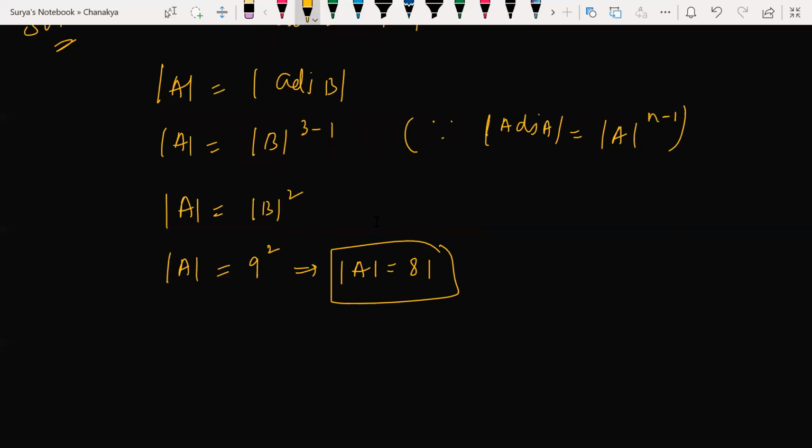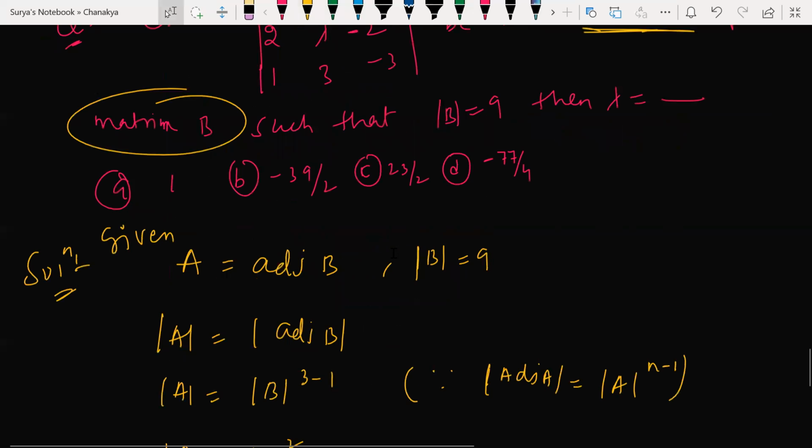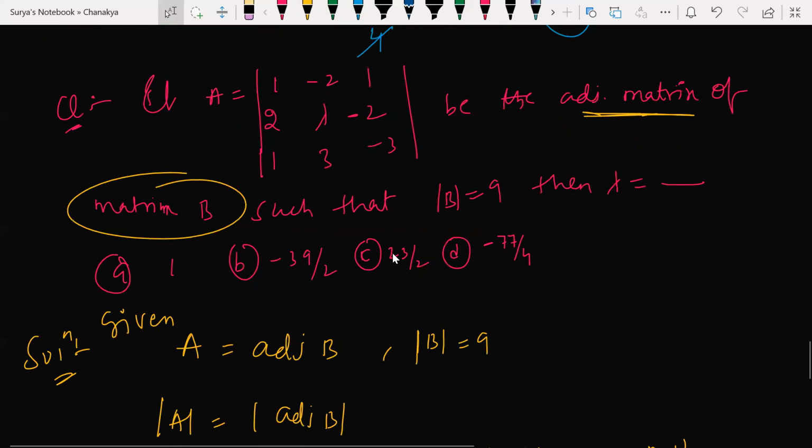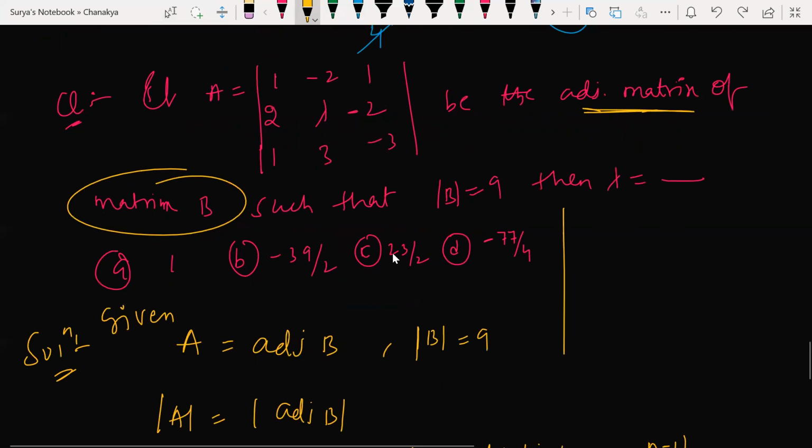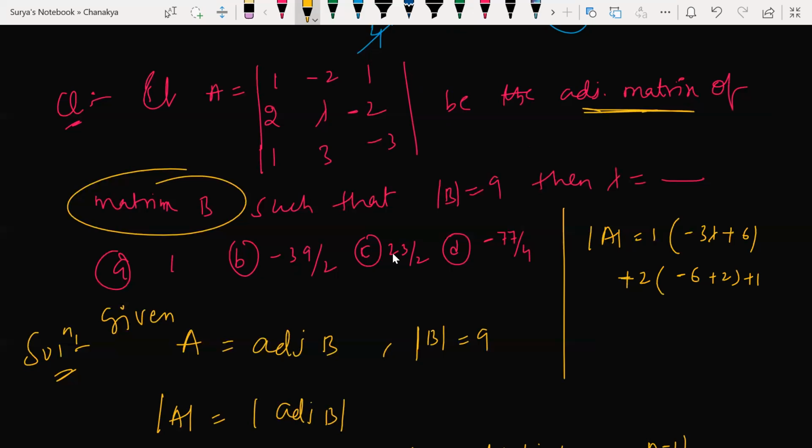But what exactly is he asking us to find? He is asking us to find the lambda value, beta. So find out determinant of A. Determinant of A is what here? 1 into minus 3 lambda plus 6, then minus into minus plus 2, so minus 6 plus 2, plus 1 into 6 minus lambda.